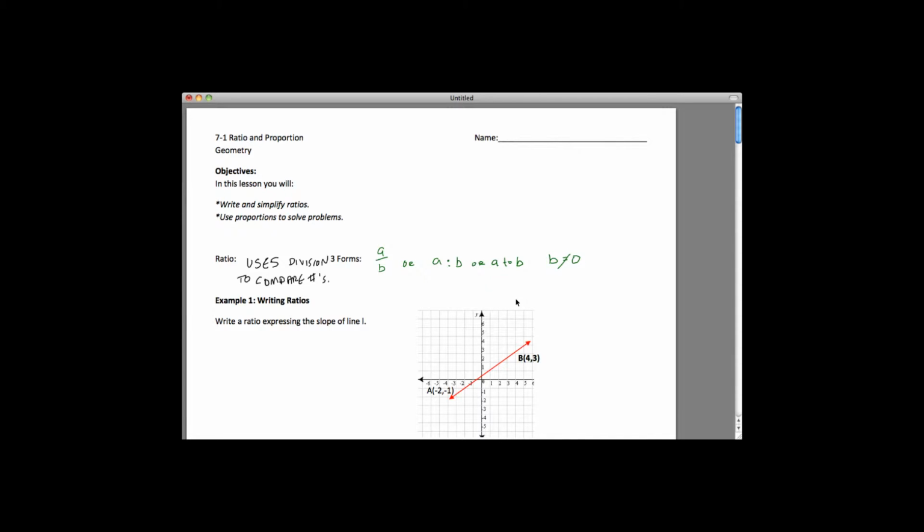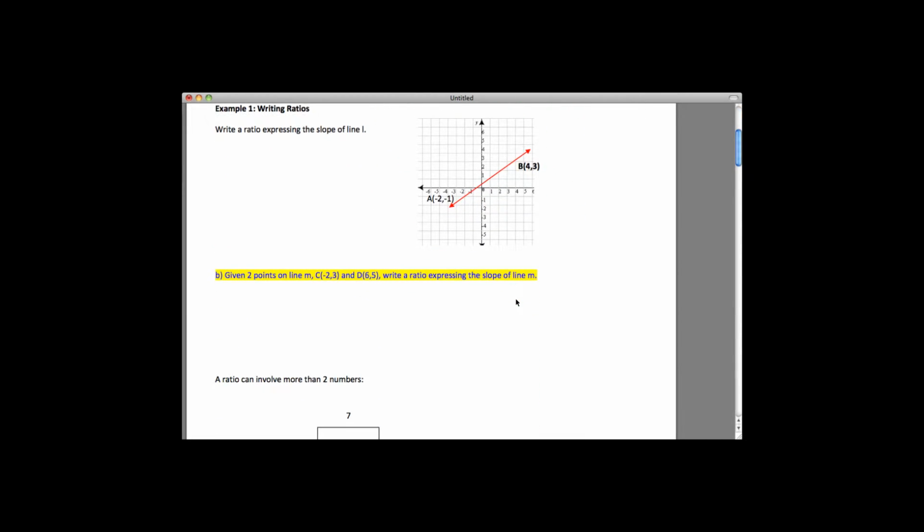One example of a ratio would be comparing the rise and the run in slope. Okay, so we're going to scroll down to example 1, and we are going to write a ratio expressing the slope of line L. This is line L. Well, we remember that slope is y2 minus y1 over x2 minus x1, or rise over run.